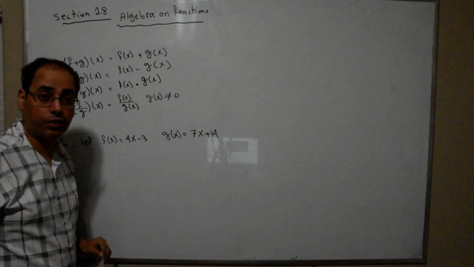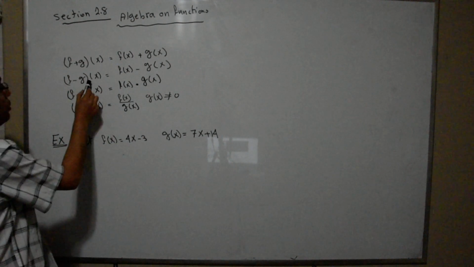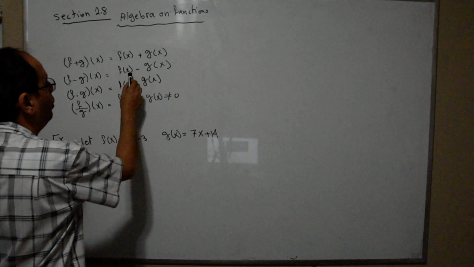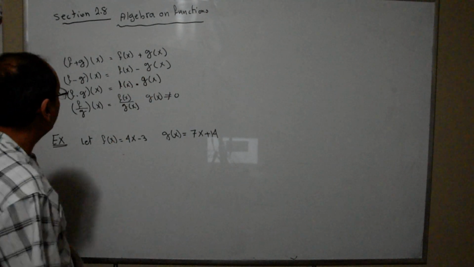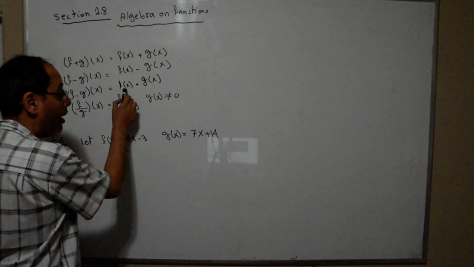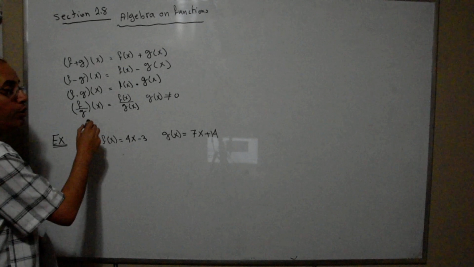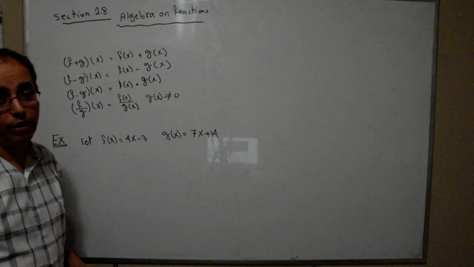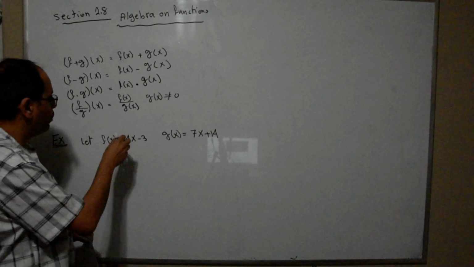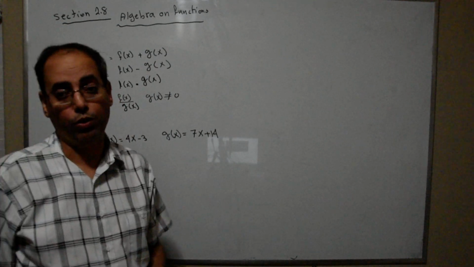Similarly with the subtraction, f minus g of x is f of x minus g of x, and the multiplication f times g of x is f of x times g of x, and the division f divided by g of x is f of x divided by g of x. And of course g of x cannot be 0 because we can't divide by 0.